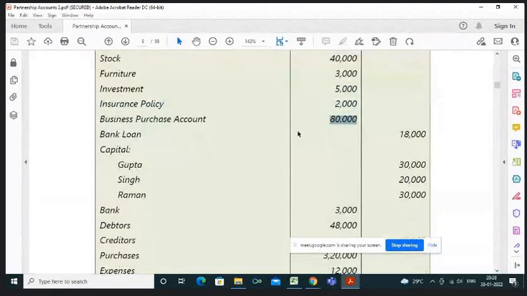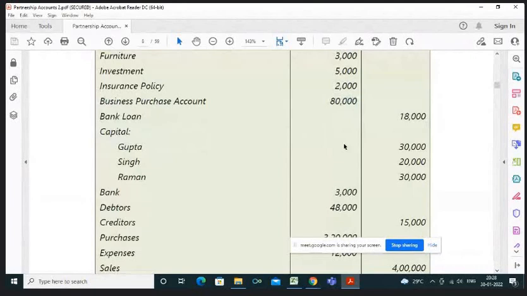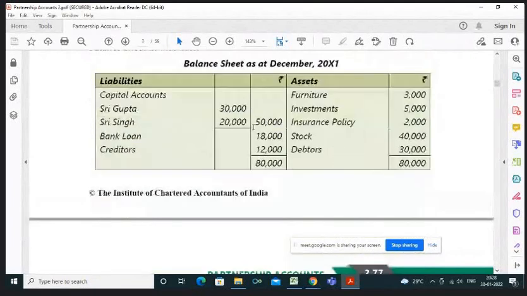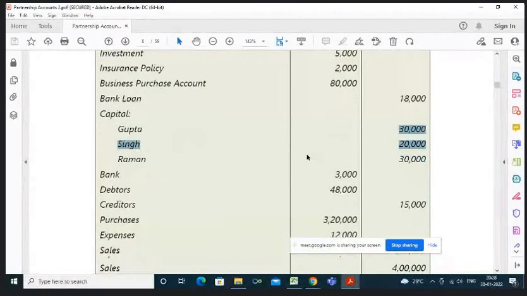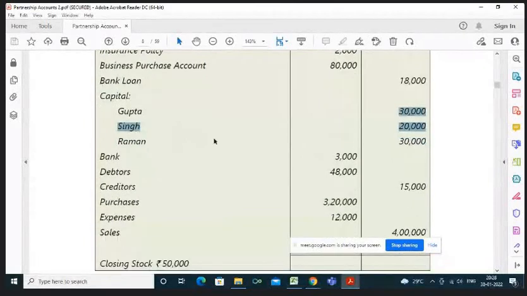We will not take this. Bank loan was also in the opening balance sheet. We have not taken it over, so we should not show it in the balance sheet. And capital of Gupta and Singh, this is partners' capital. The partnership firm should have already closed, so we should not take this also to the balance sheet.